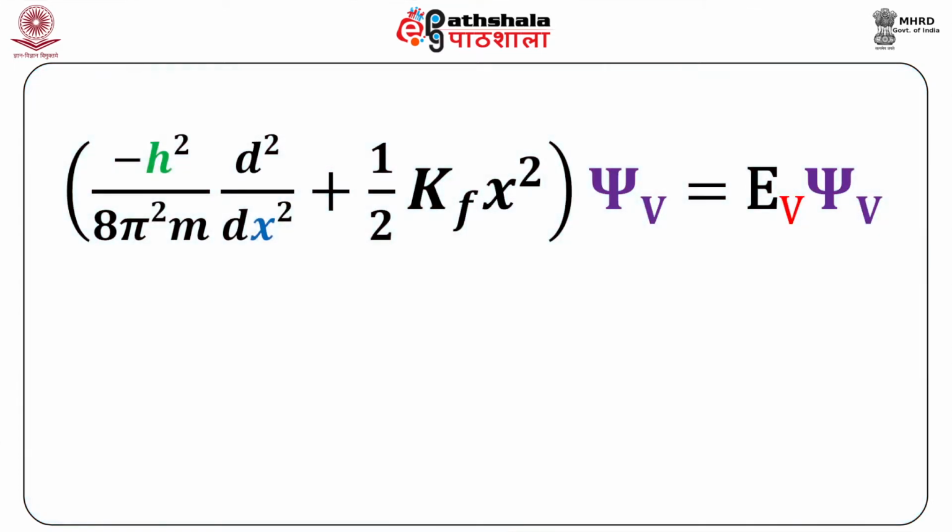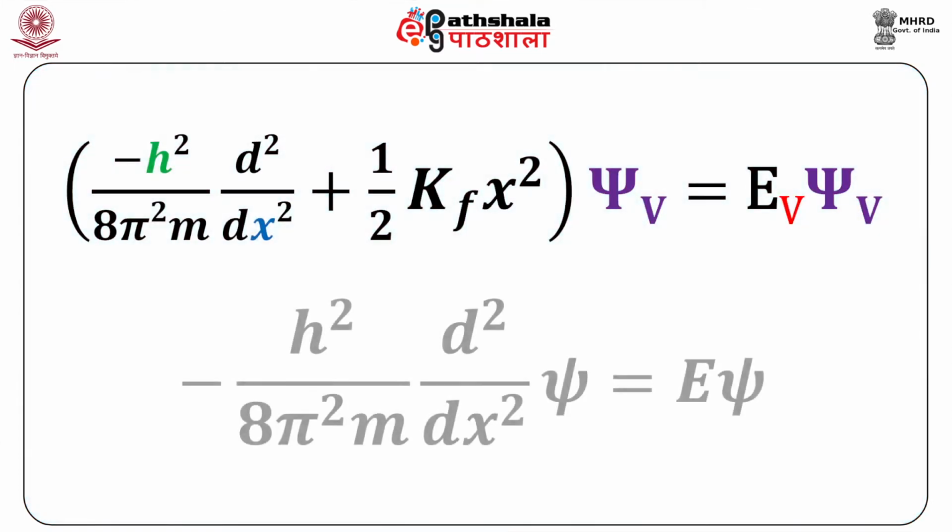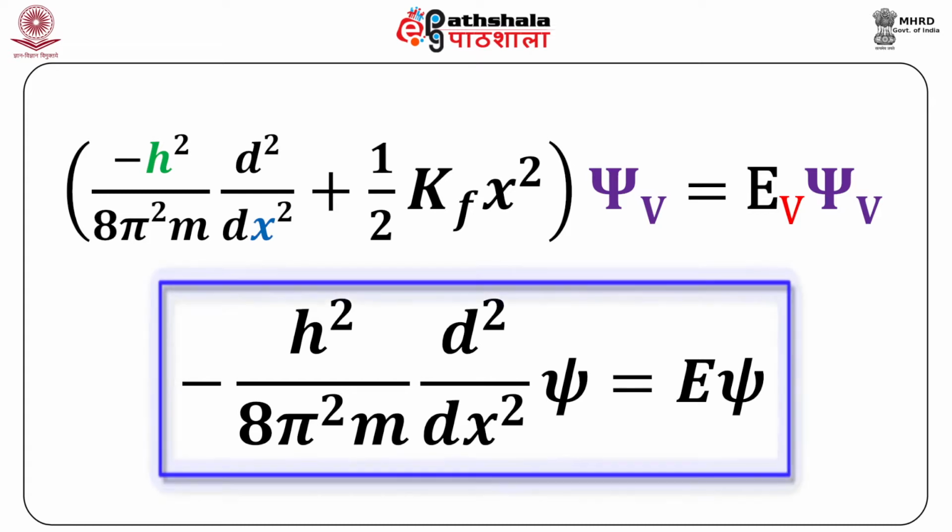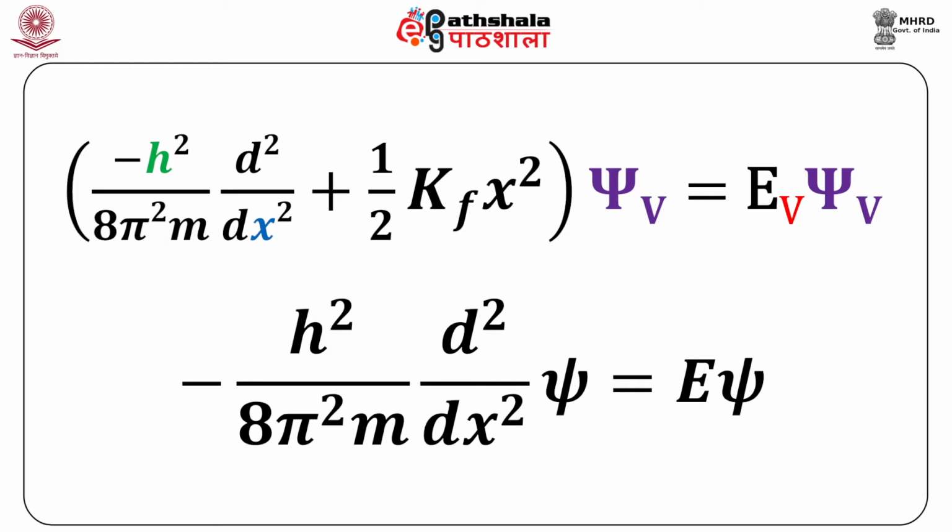If you look closely at this equation and compare it with the corresponding equation for a particle in a one-dimensional box, which we have already studied, you will notice that in the case of a particle in a one-dimensional box, we had the equation minus h squared upon 8 pi squared m d2 by dx2 psi is equal to E psi, because their potential energy was 0.